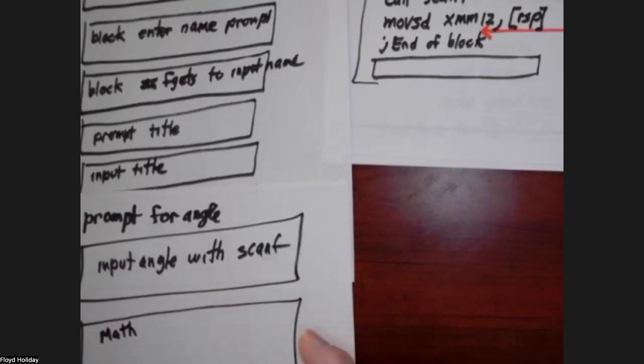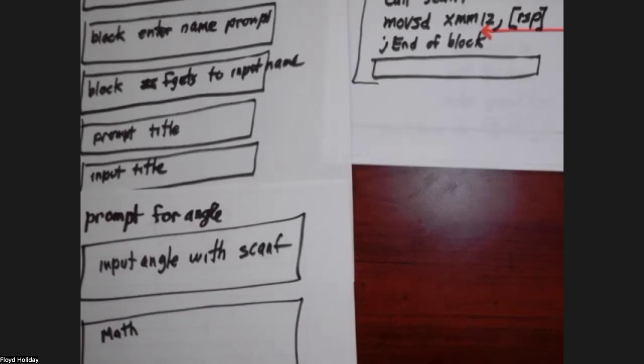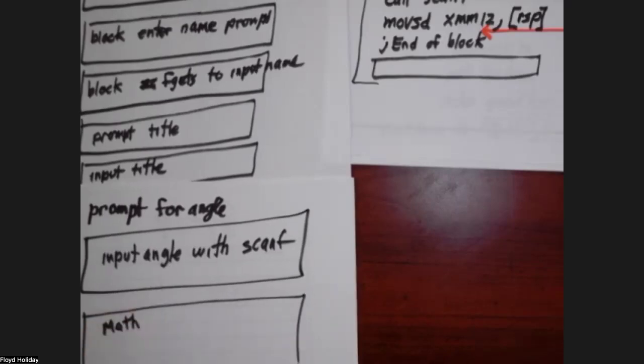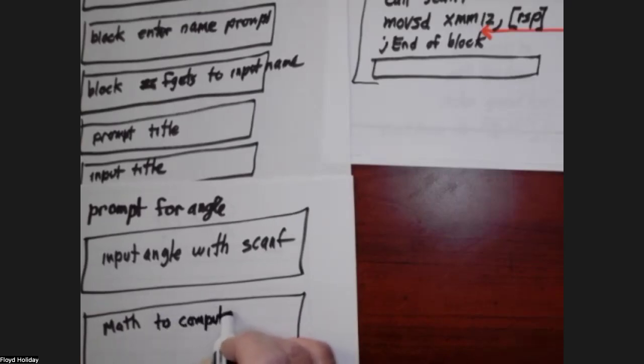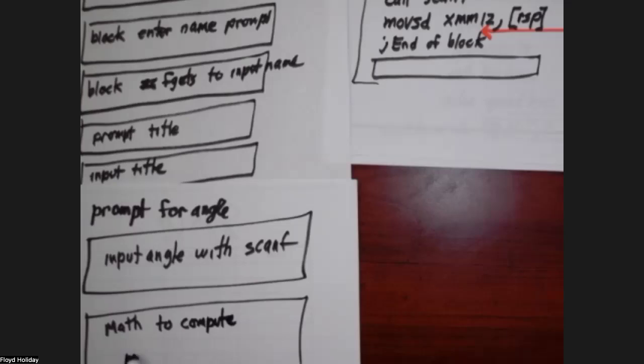The trig equation is the first side squared plus the second side squared minus 2 times the first times the second times the cosine of the angle. This is a big block, but there's no input or output. We don't see anything happening. The machine does the math to compute the missing side.